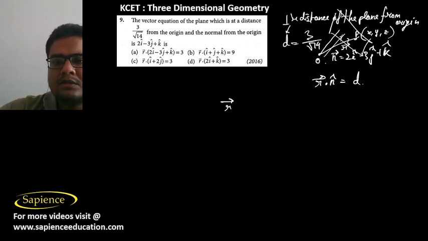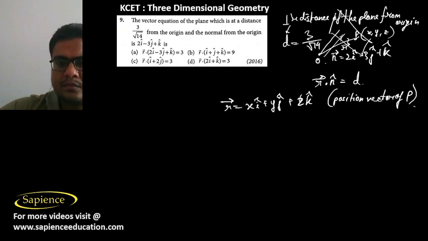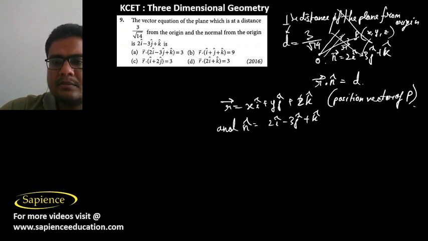Here r vector is x i cap plus y j cap plus z k cap, the position vector of the arbitrary point P. N cap is equal to 2 i cap minus 3 j cap plus k cap divided by the magnitude of n vector. Now the magnitude of n vector is the square root of 4 plus 9 plus 1, which is root 14.